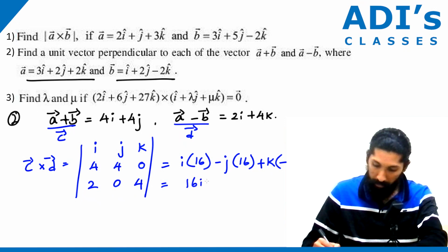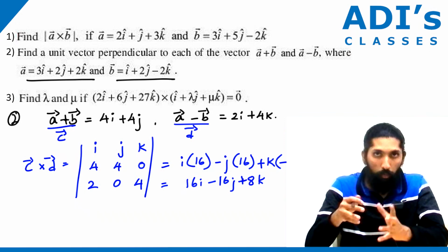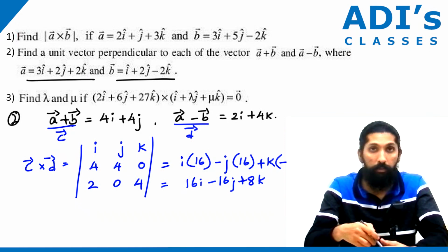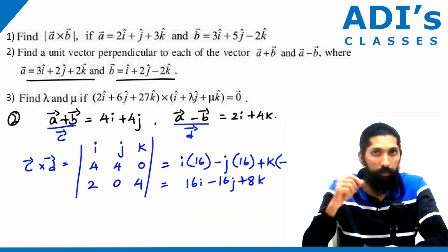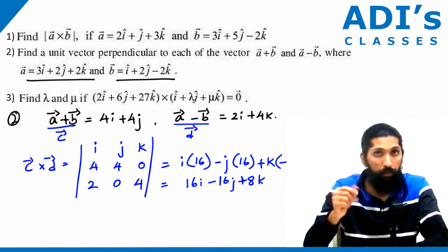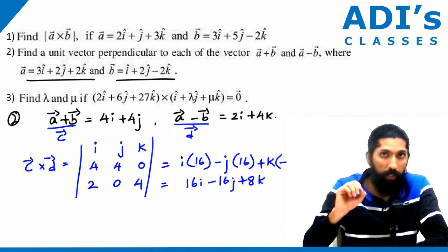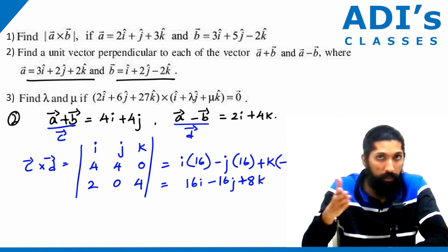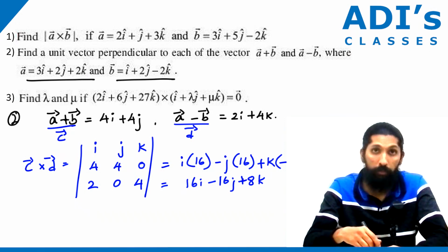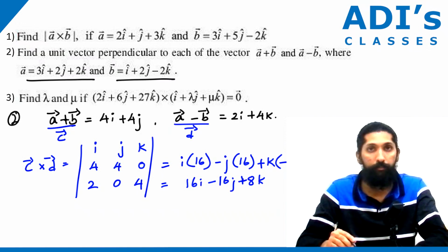So 16i minus 16j plus 8k. Now, if you look at this, you have vector A and vector B. When you add and subtract, you get vector C and vector D. We are looking at a vector which is perpendicular to both vector C as well as vector D, and that vector is given by this one.